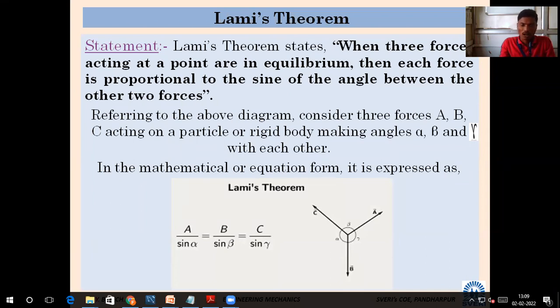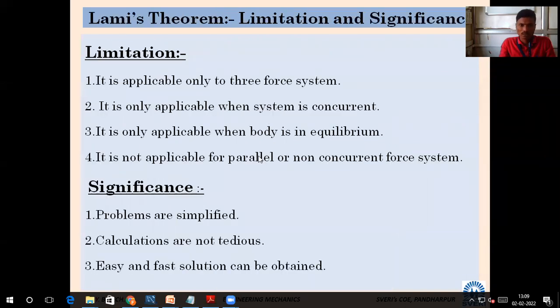Each force is proportional to the sine of the angle between the other two, and that ratio remains constant for all three forces. Then we saw Lami's theorem limitations and significance: it is only applicable to 3 forces, applicable when the system is concurrent, etc. The advantage is that problems become simplified, calculations are not tedious, and the solution is easy.